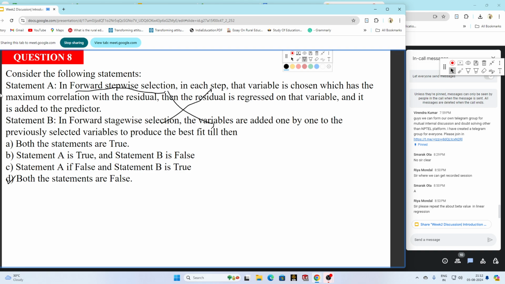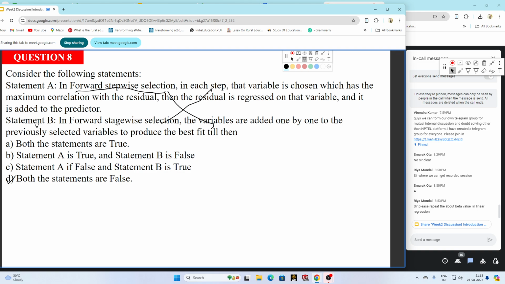Question number 8, consider the following statements. Statement A: in forward stepwise selection, in each step the variable is chosen which has the maximum correlation with the residual, then the residual is regressed on that variable, and it is added to the predictor. Statement B: in forward stage-wise selection, the variables are added one by one to the previously selected variables to produce the best fit till then. Option A, both statements are true.